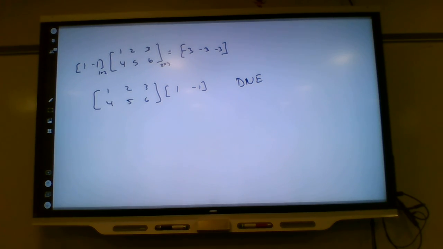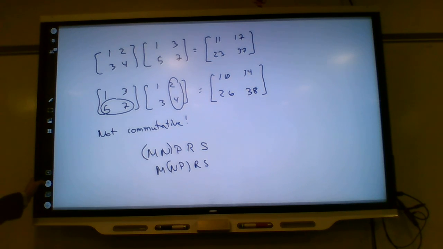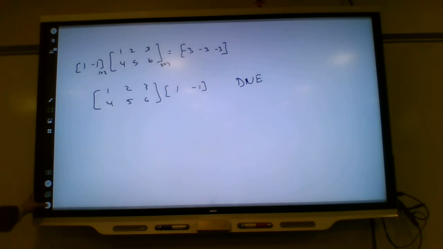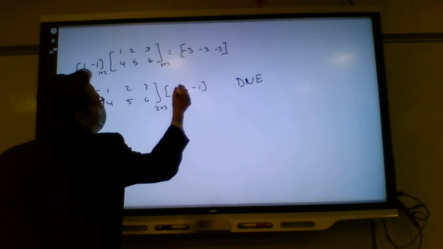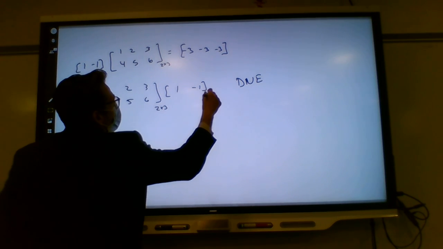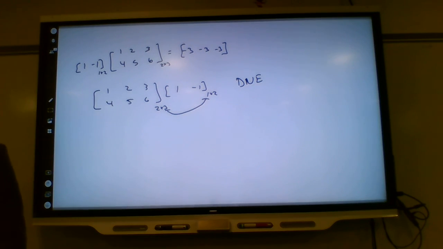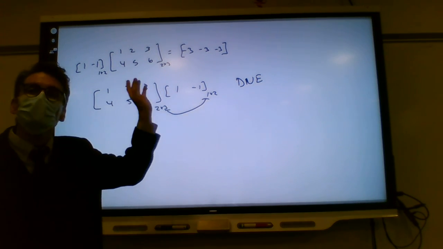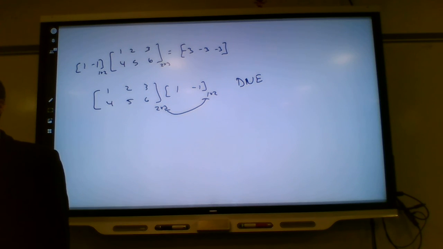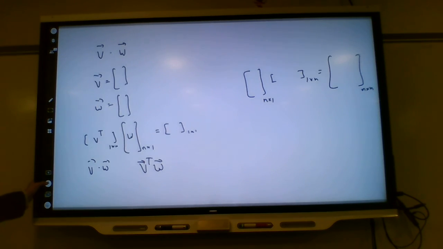So you have to be really careful about the order that we're doing things. That's because in this particular case the dimensions are 2 by 3 and 1 by 2, and these numbers just don't match. If the number of columns here and the number of rows here don't match, you can't do that dot product. And so it doesn't mean anything in that order.